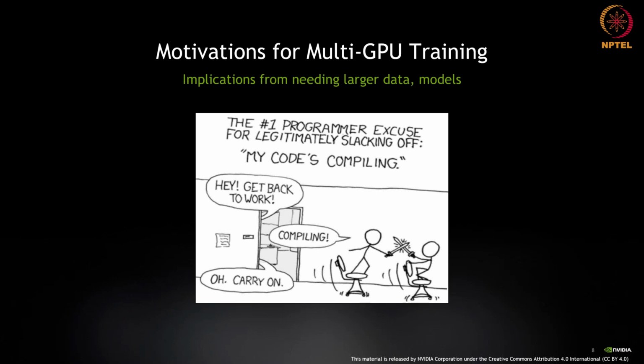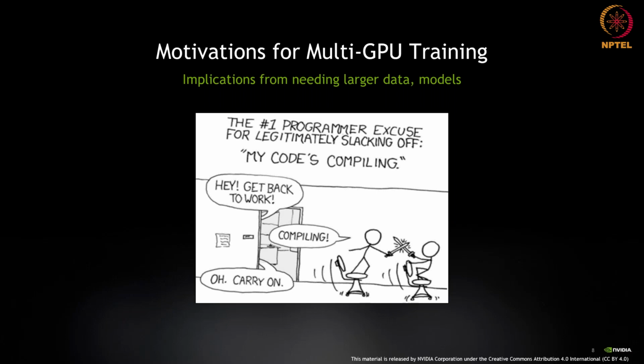So if a programmer was writing code, they would basically give it to the compiler for compilation, and then go for a coffee or a break. And when you came back, maybe there was an error in writing the code, and again you go back and correct it, and there is a lot of time which was spent.